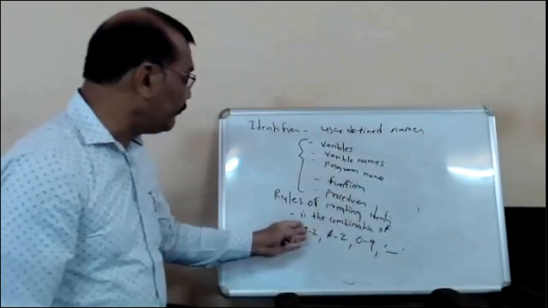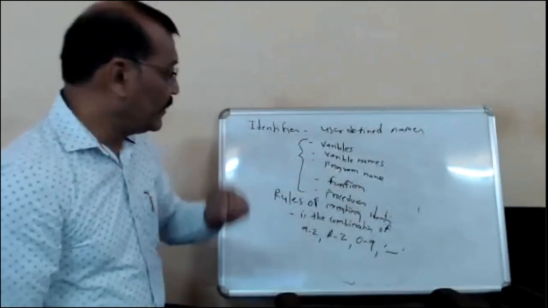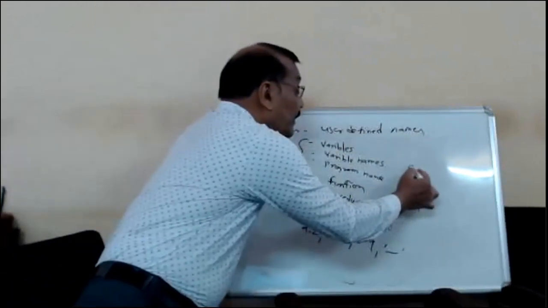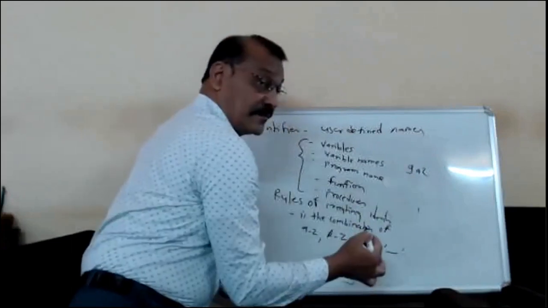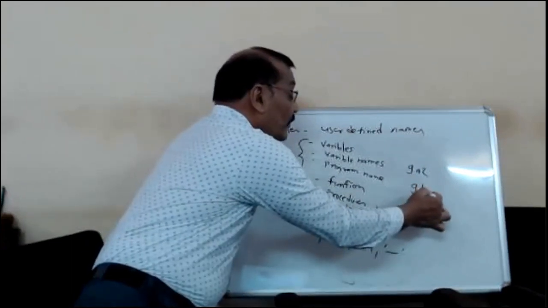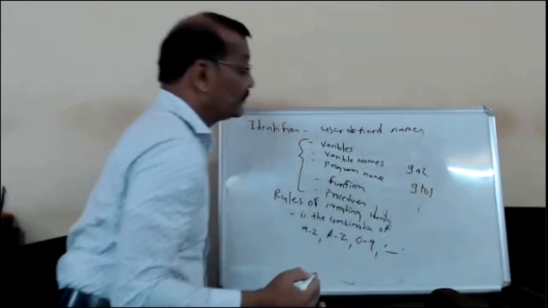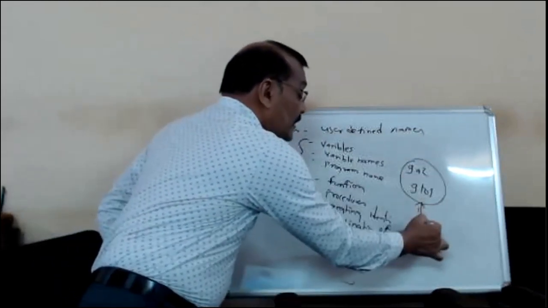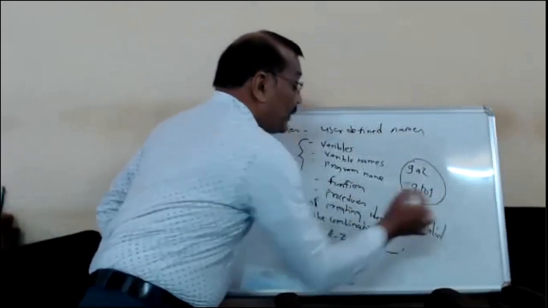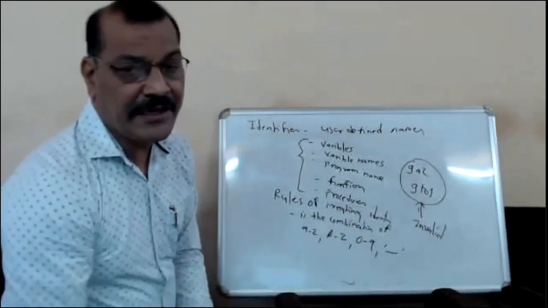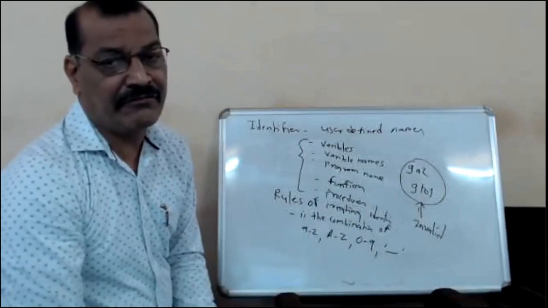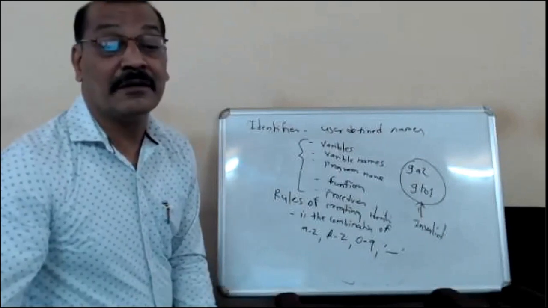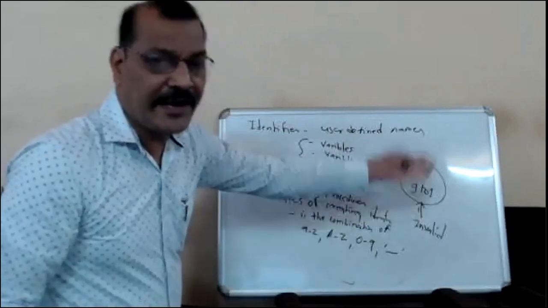Whenever we use A to Z and 0 to 9, can you write the identifier in this fashion, 9AZ, or 921? These are the invalid identifiers, because whenever we define an identifier, it should not start with a digit.